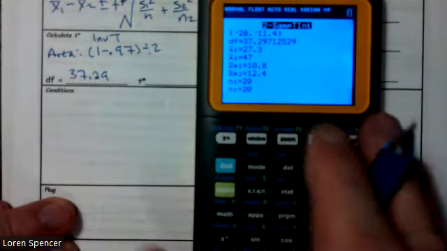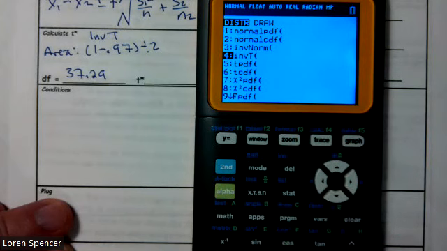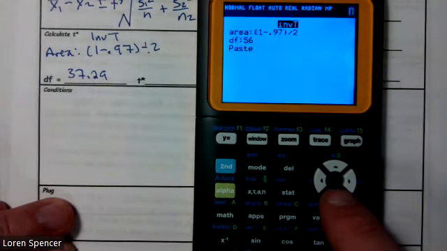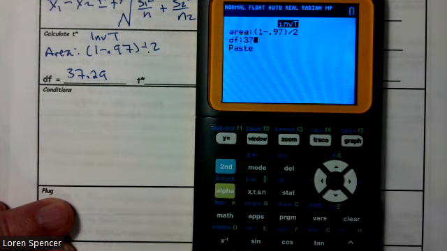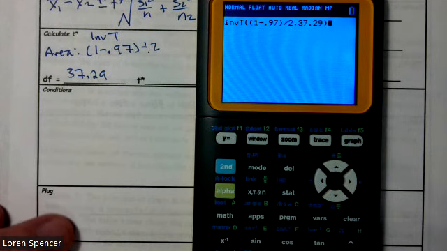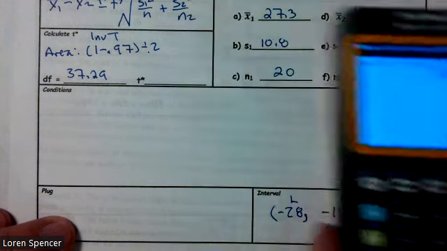So let's see what happens. Second vars, inverse T. So 1 minus 0.97 divided by 2. My degrees of freedom was 37.29. And I end up getting a T star of 2.256.